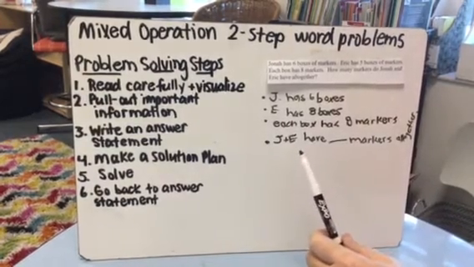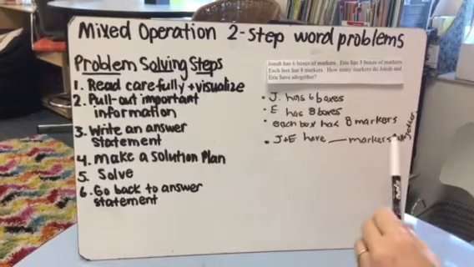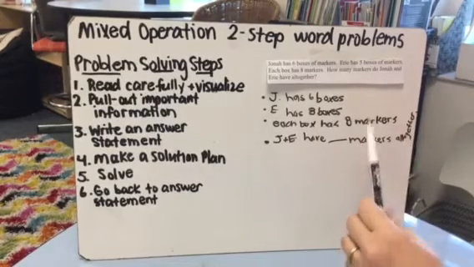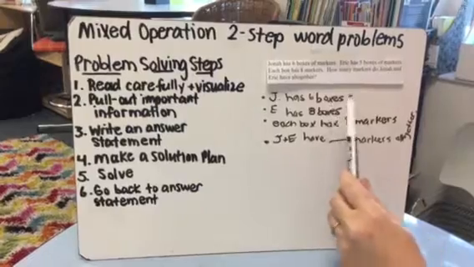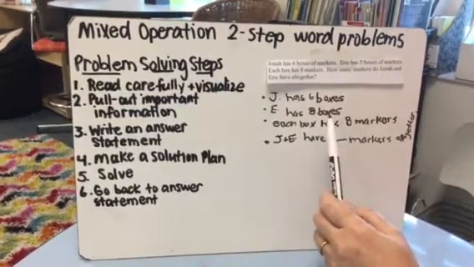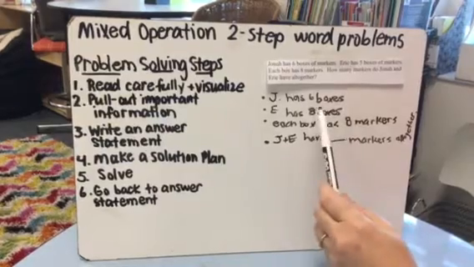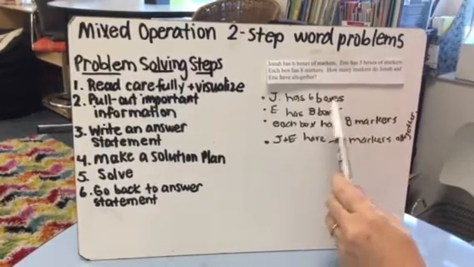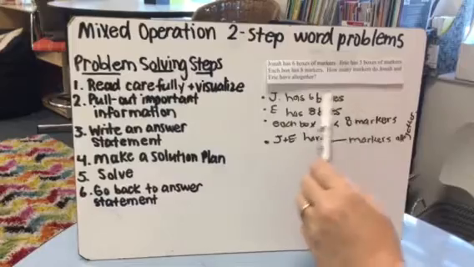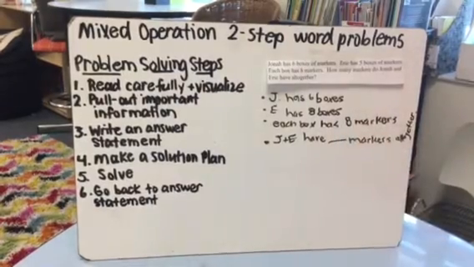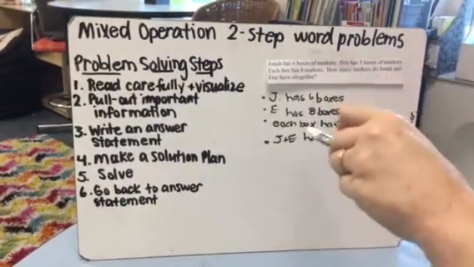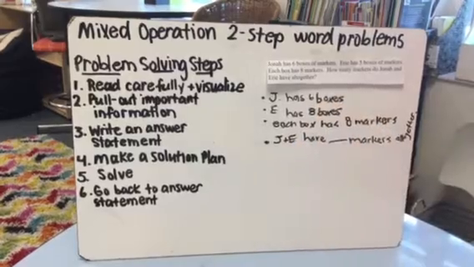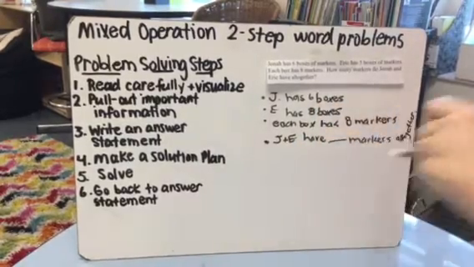So for a solution plan, I know I need to add up how many markers they have, but right now I only know their boxes. So I need to figure out how many markers each boy has. How many markers do they have in their number of boxes? Once I figure that out, then I can go ahead and answer the question.